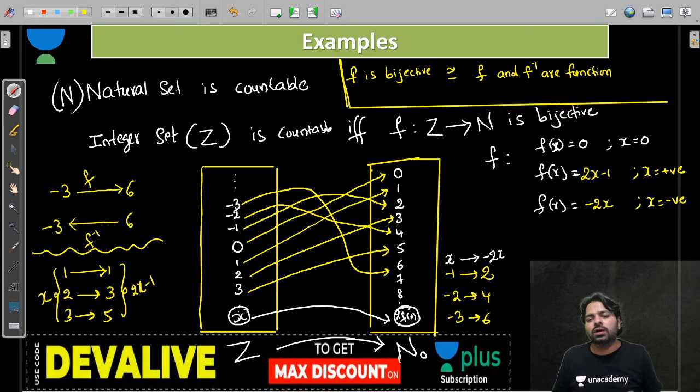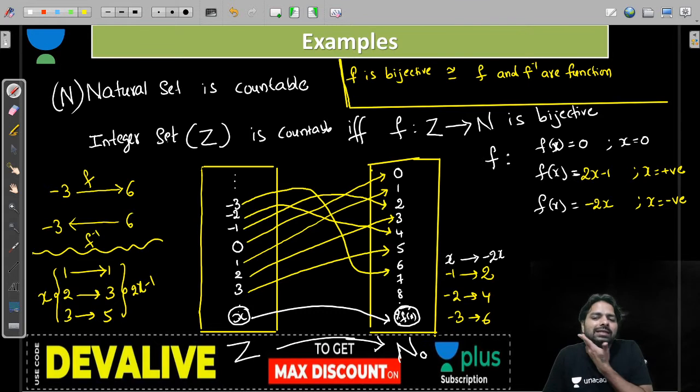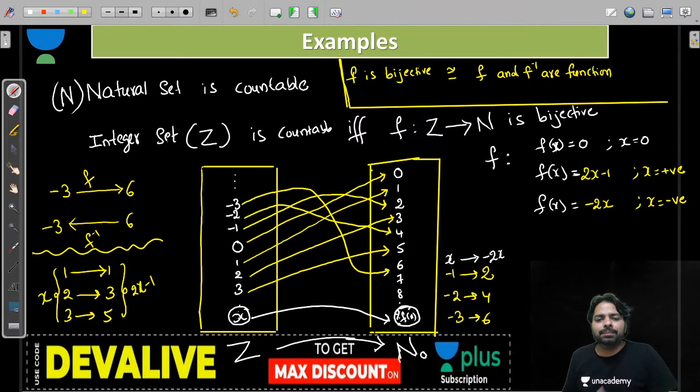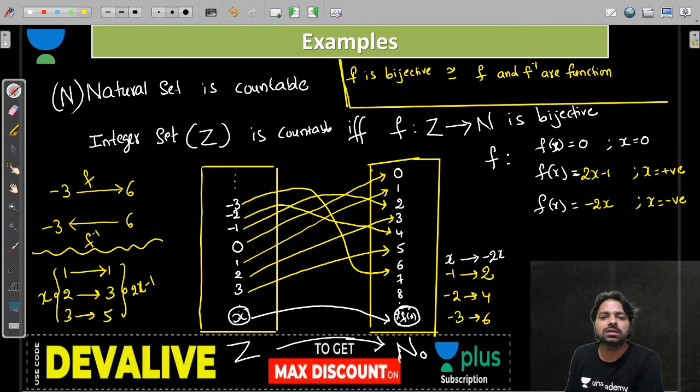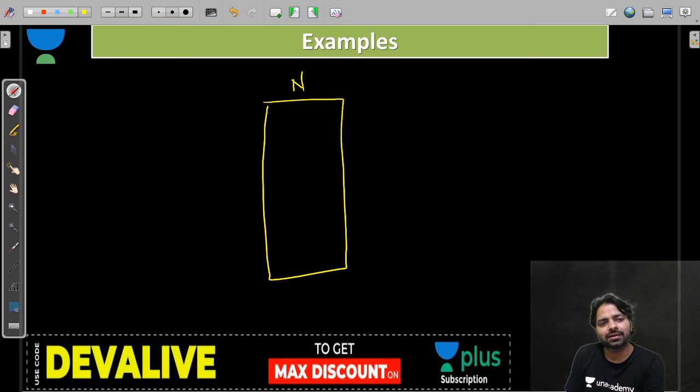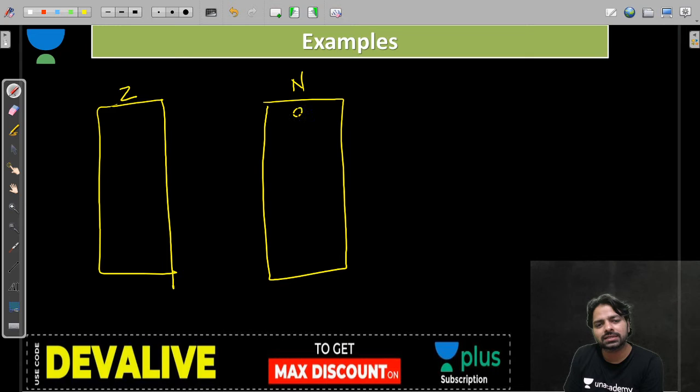Now, how do you compute that inverse? The mappings are the same, but the inverse is slightly different. How do you do that? Now you need to look for the reverse mapping. N is there and Z is there. At 0, 1, 2, 3, 4, 5, 6, 7, 8 and so on.